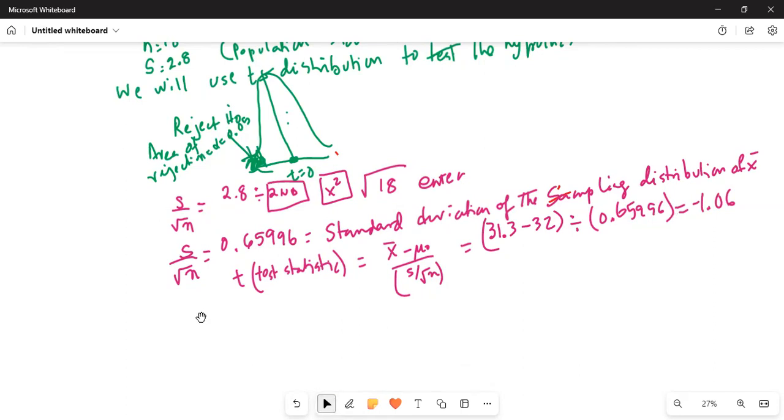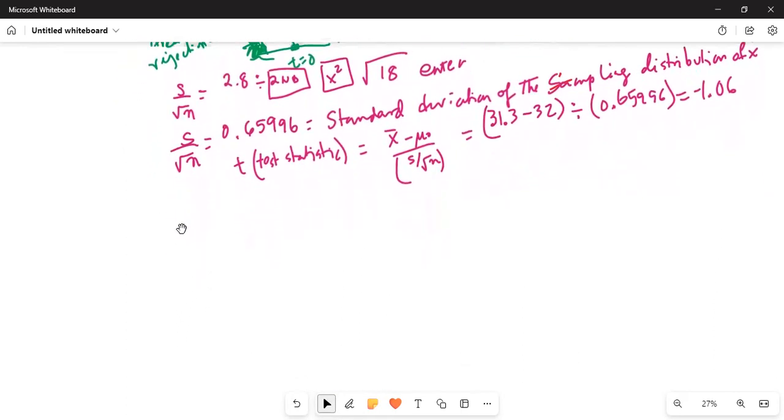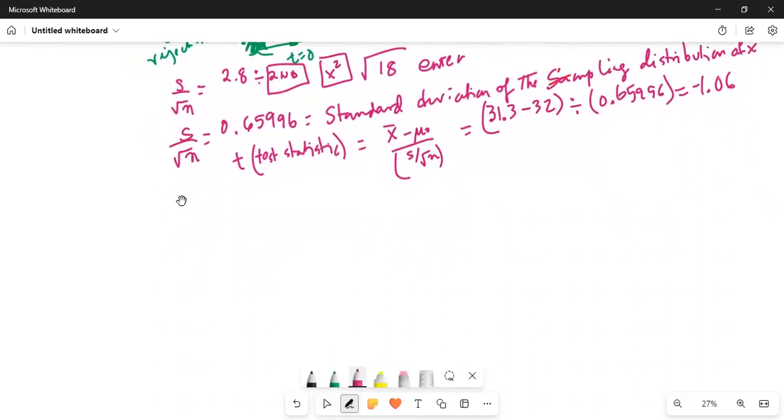If I may draw a t-distribution again, at the center t is equal to 0, and I have calculated a test statistic value of t equal to minus 1.06.